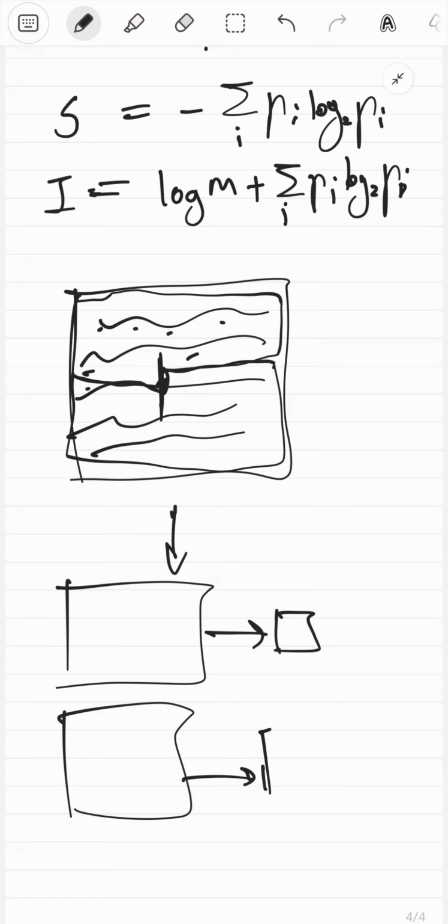Then the net effect would be better than if we just compressed it straight up without caring about the partitioning. And so the gain in the compression is something that you can say is the information gain.